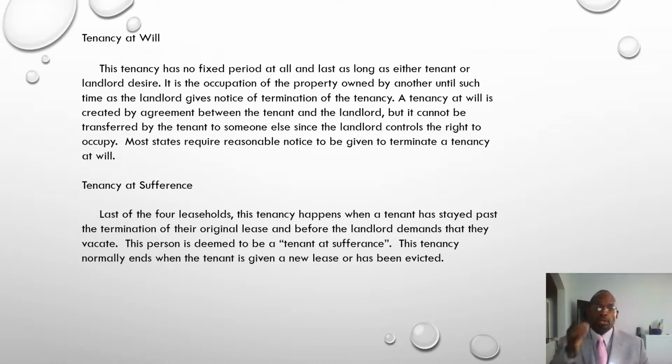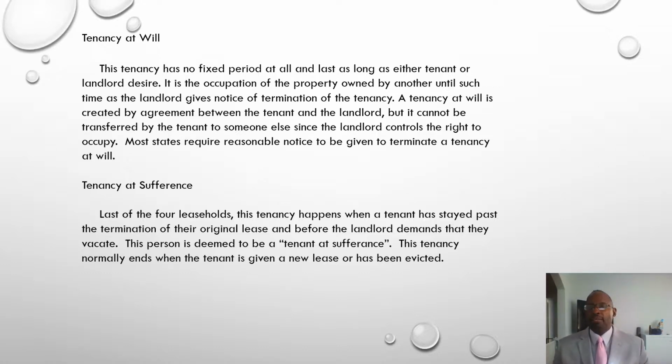Now, tenancy at will has no fixed period and lasts as long as either tenant or landlord desires, and basically it's the occupation of the property until such time as the landlord gives notice of the tenancy. Tenancy at will is created by an agreement between the tenant and the landlord, but it cannot be transferred.